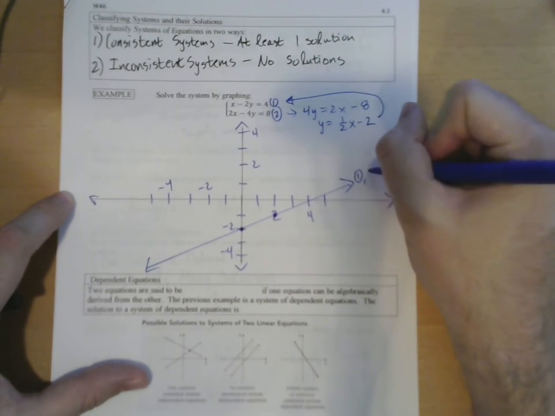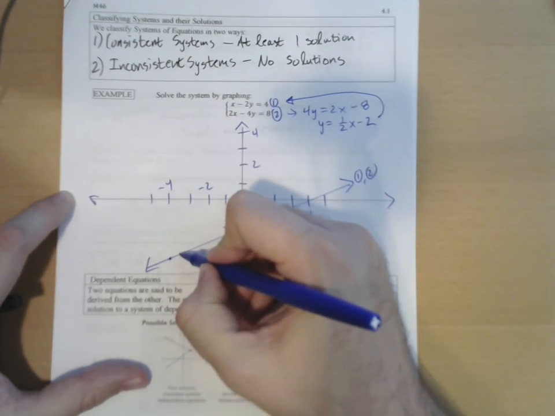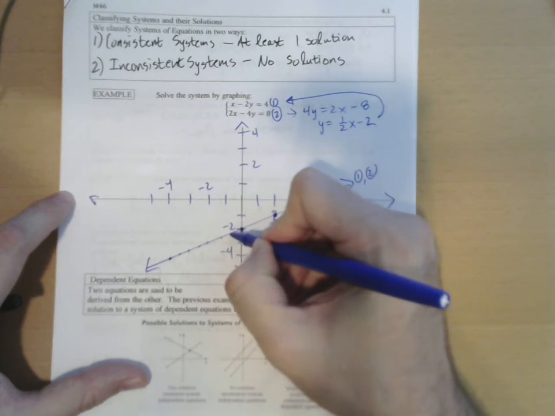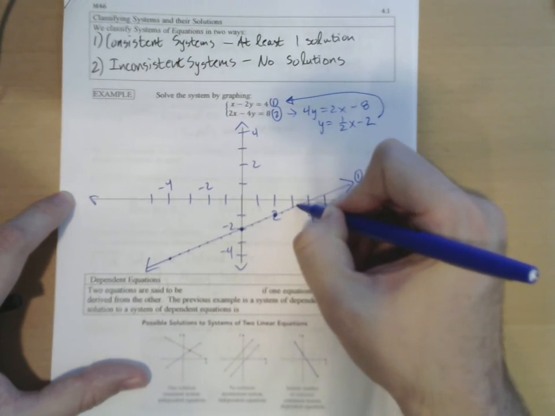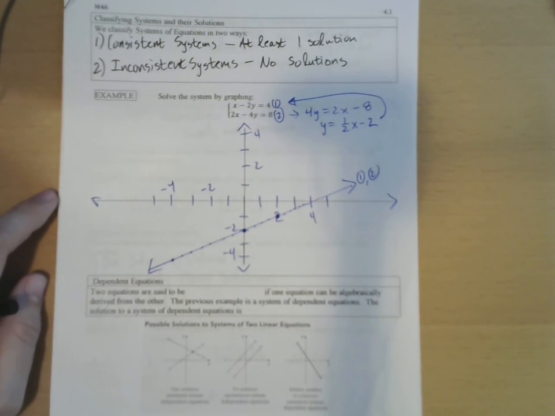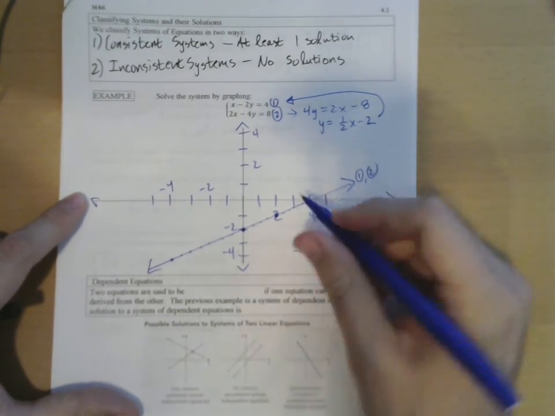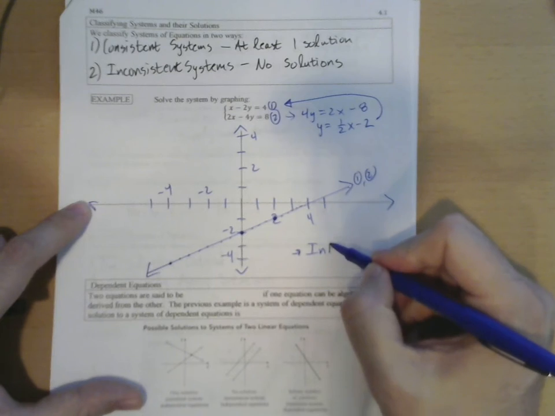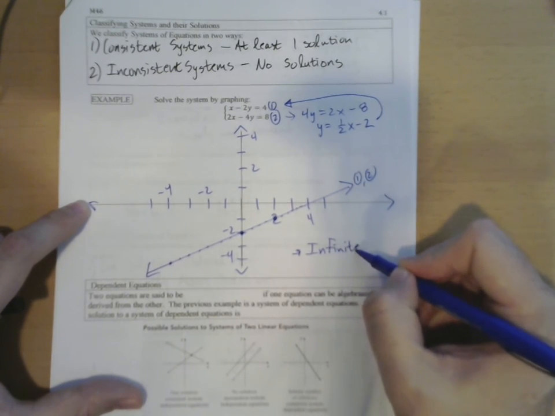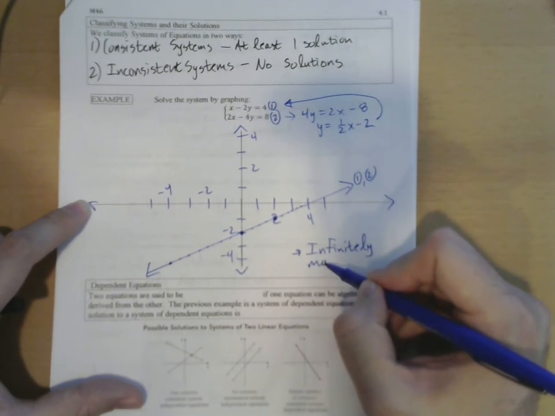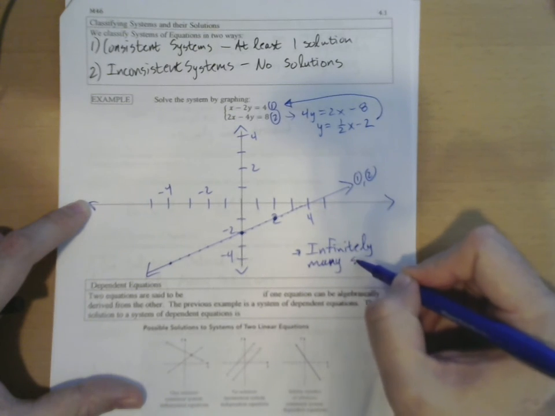This is both 1 and 2. Well, that means that every single point that we could ever have on this line is a solution. And as we know, there are infinite points on any given line because it stretches out for infinity. So this is infinitely many solutions.